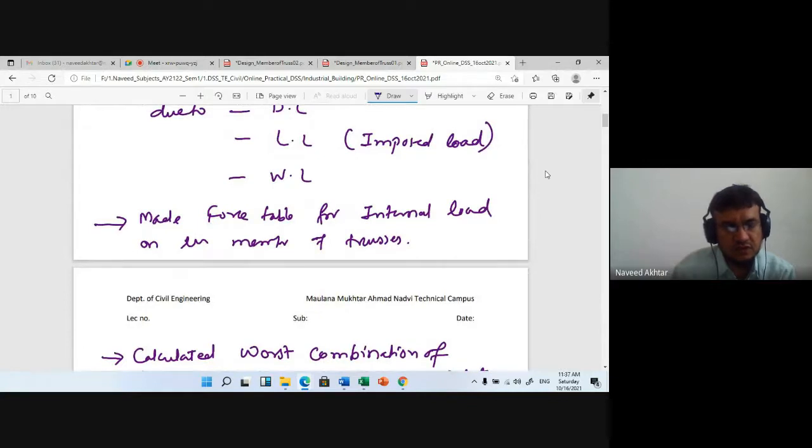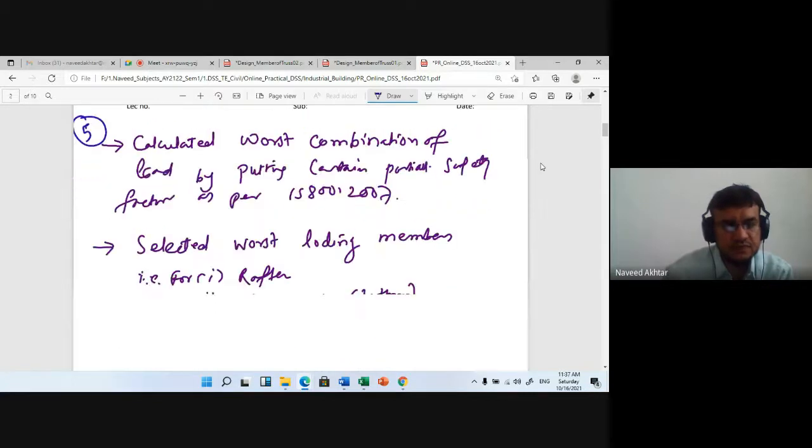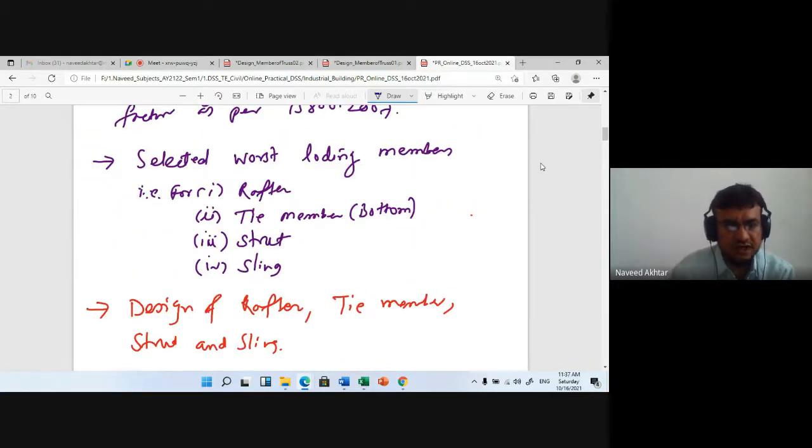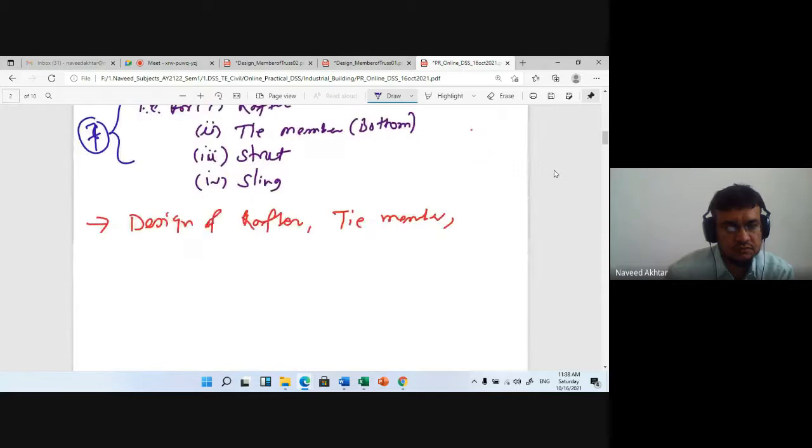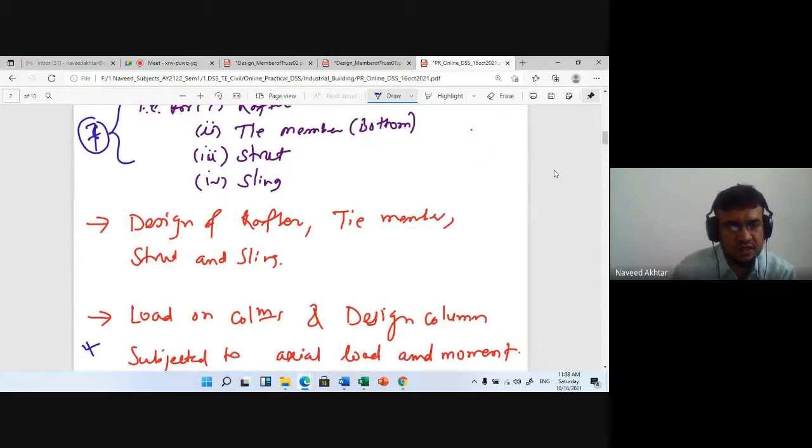Force table for the worst combination loading is also completed. Then design of members of truss is also completed. And now design of rafter, tie or strut and ceiling is completed.